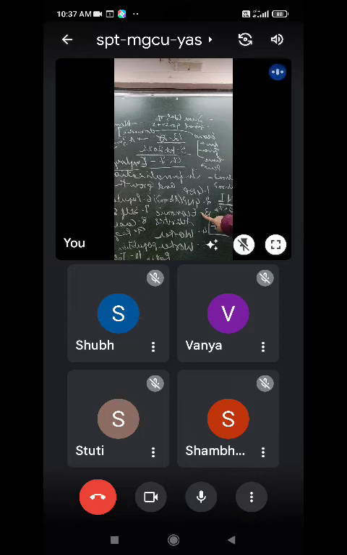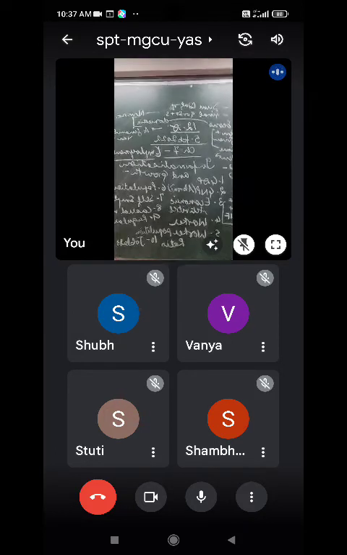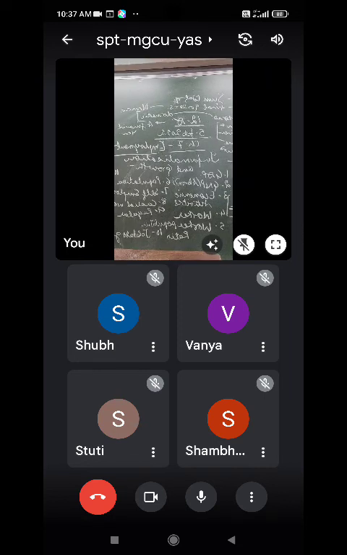Third, economic activities. Fourth, worker. Fifth, worker population ratio. Sixth is population.